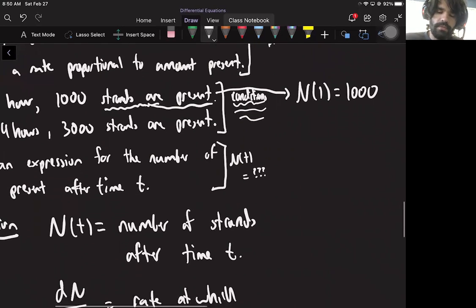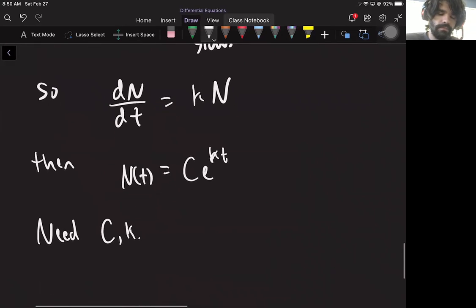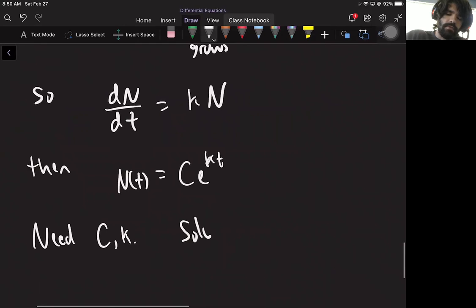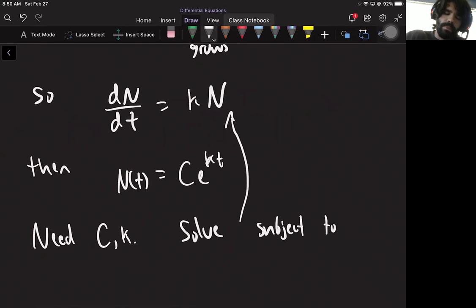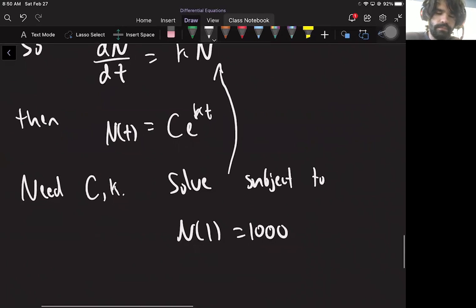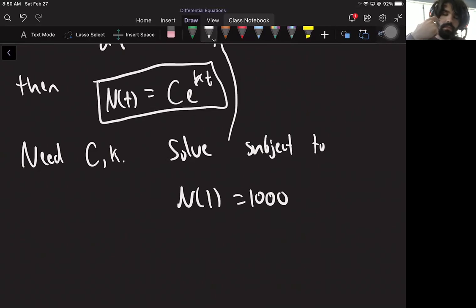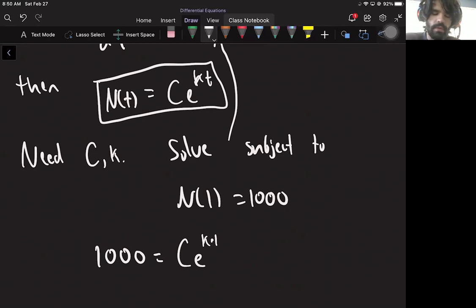So you can think about this as an initial value problem, which is saying to solve this differential equation subject to n of 1 equals 1,000. And that just means that, well, I've already solved it. So now I say that at time 1, meaning plug in 1 for t, it'll equal 1,000.